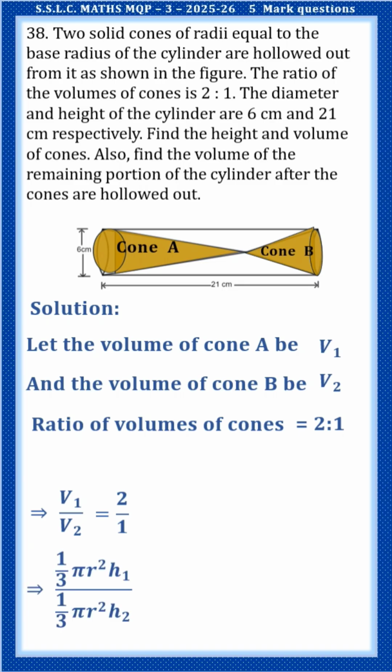In the numerator we have 1 by 3 pi r square h1. In the denominator 1 by 3 pi r square h2. Here 1 by 3 in the numerator, 1 by 3 in the denominator can get cancelled. Similarly pi and pi, r square and r square get cancelled, which is equal to 2 upon 1. So h1 upon h2 is equal to 2 upon 1.